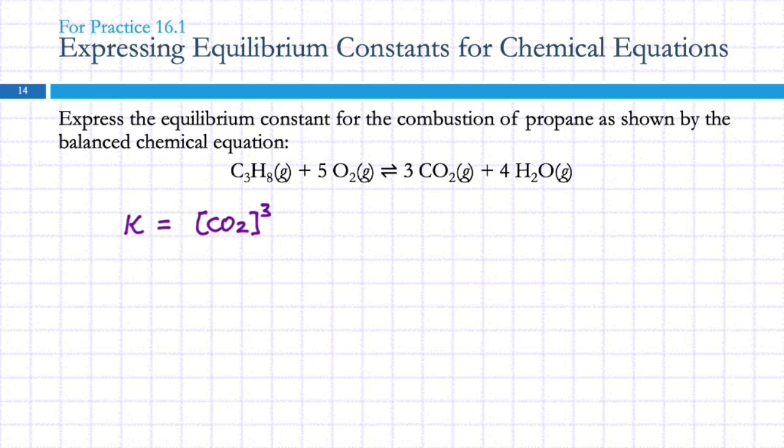To the third power, times the H2O to the fourth power, divided by the first reactant, exponent of 1, coefficient of 1 that's not written, and so exponent of 1, also usually not written, O2 to the fifth power. Any questions?